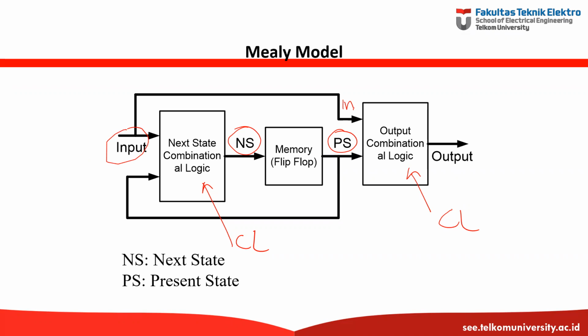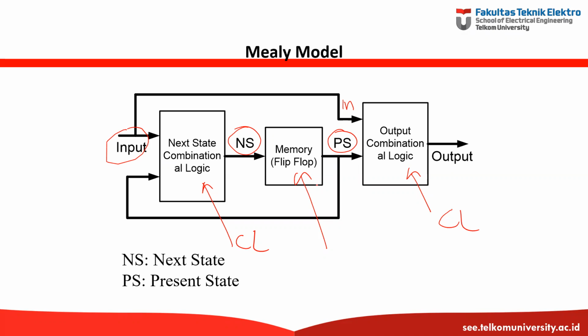Then the flip-flop will be here. The output of the flip-flop, the Q of the flip-flop, will store the value of the present state. And the next state is the input of the memory, the flip-flop. So it's just something like, this is the value of the next state, please calculate what will be the present state.